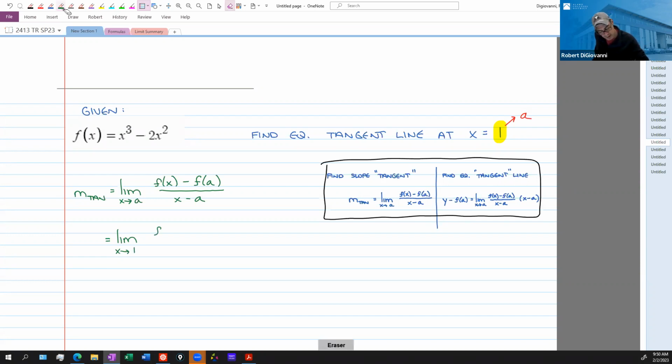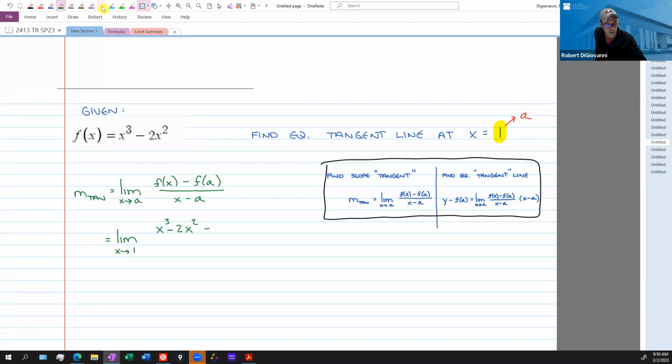And then f of x, what's f of x for us? A big ugly thing, x cubed minus 2x squared. That's f of x. And then minus f of a.